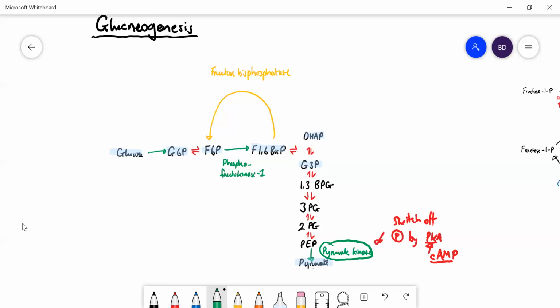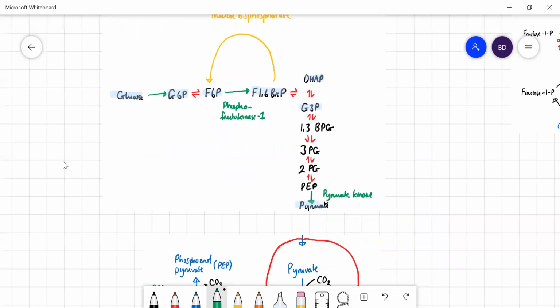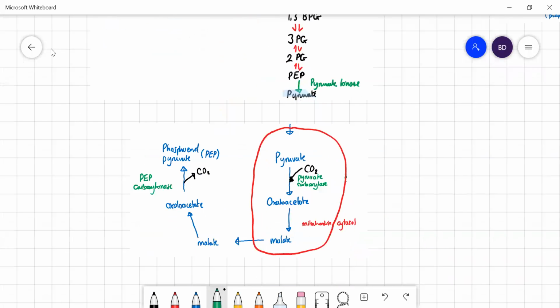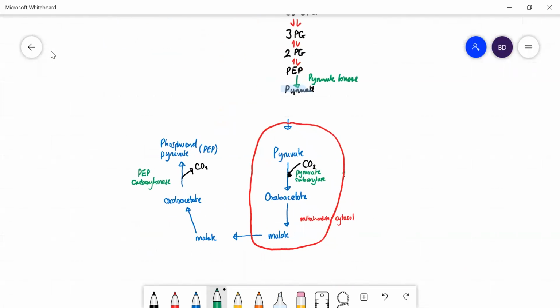Right. But that doesn't really explain how you make that step go backwards. And how to make that step go backwards is slightly indirect. So we have a look here. What's going to happen is the pyruvate has got to go into the mitochondria. So I've drawn the mitochondria there. It's this red here.